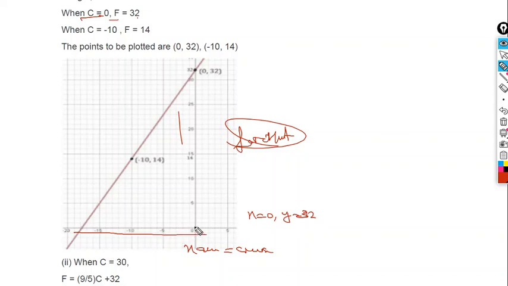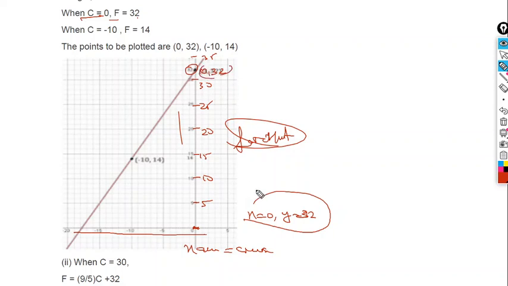So x equal to 0 is here, 32 on y. Here we have divided these points as 5s: 5, 10, 15, 20, 25, 30, 35, like this. So 0, 32 we have to plot. x is 0 here, 32 is here. So this point is the 0, 32 point.